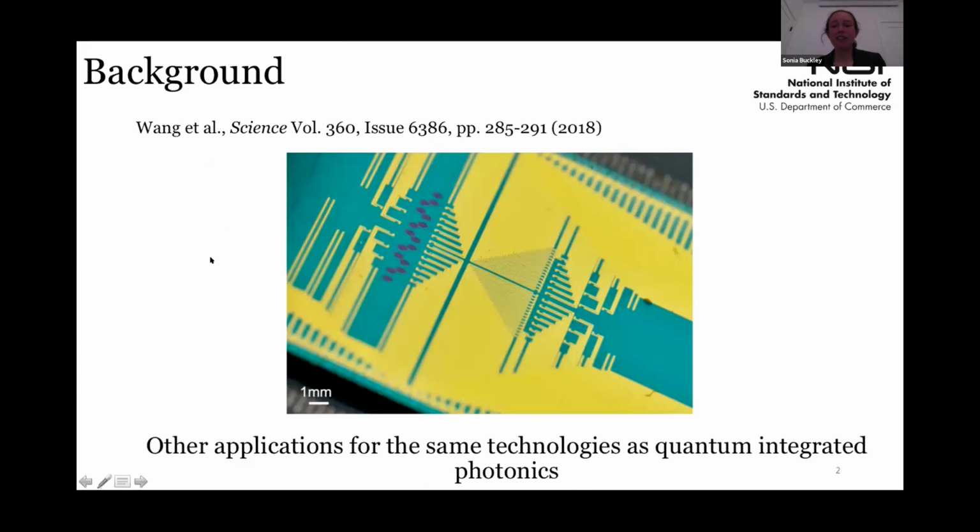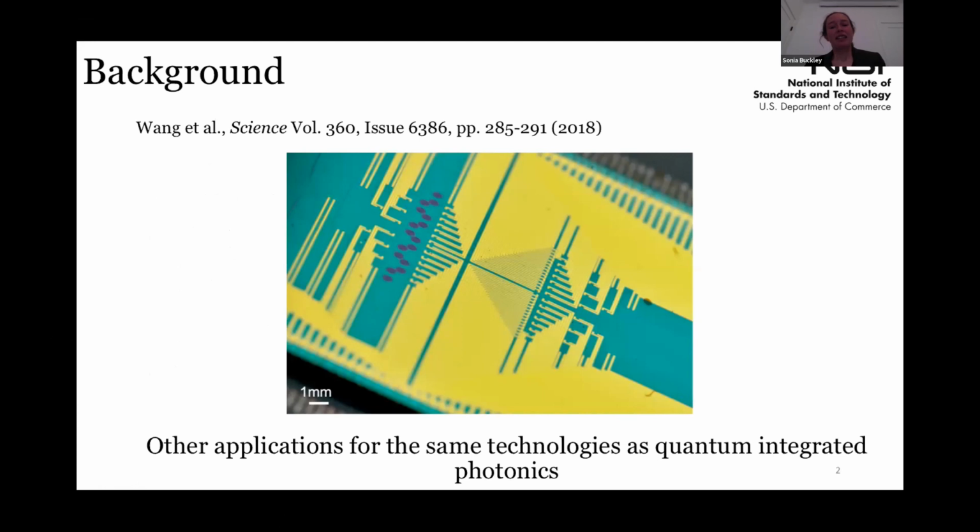So to start with, this is an image of a chip made by a group at Bristol, an integrated photonic chip for making highly entangled photon states.